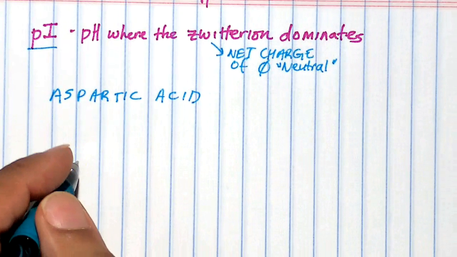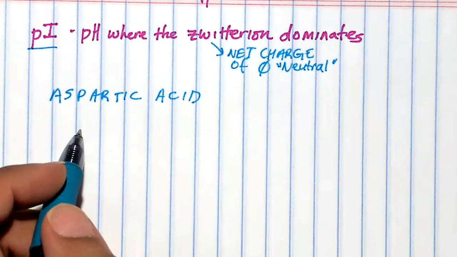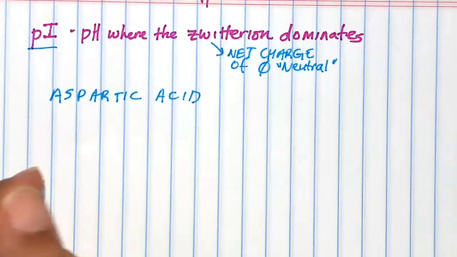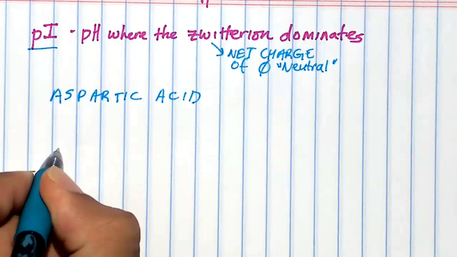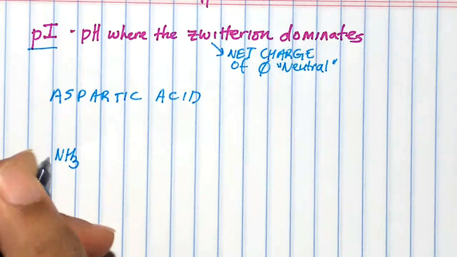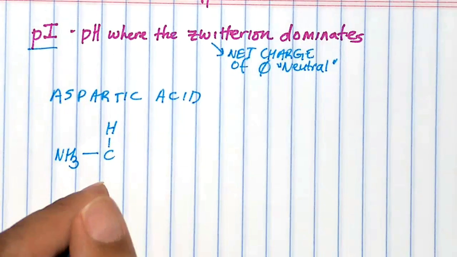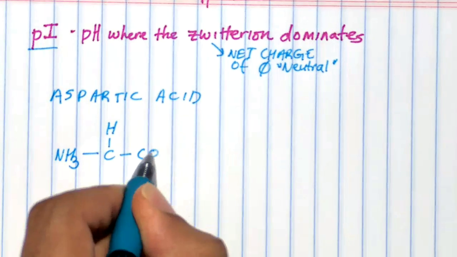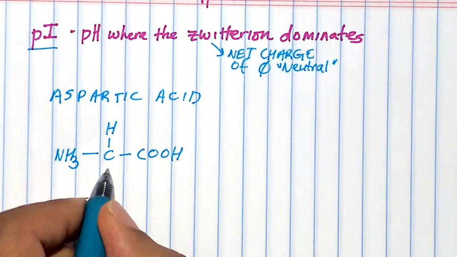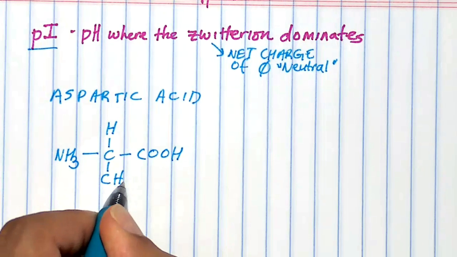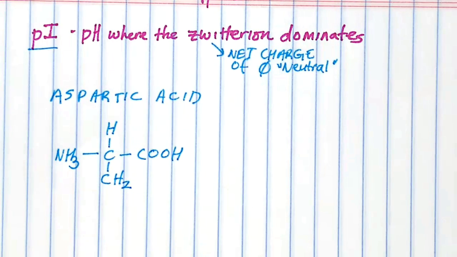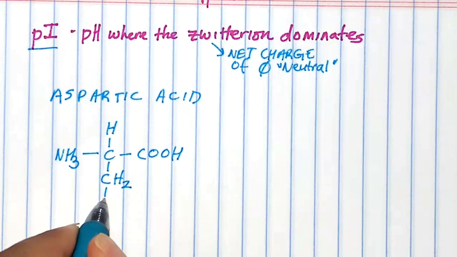So aspartic acid, let's calculate the pI, the isoelectric point of aspartic acid. First of all, let's draw the structure of aspartic acid. Now, when you calculate the pI, you want to start with the protonated form. Okay, completely and totally protonated. Everything has a proton attached to it.